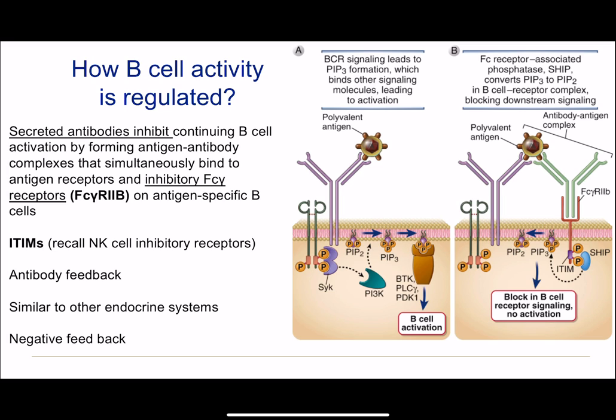And why do they do that? Because usually by the time we get that whole clonal expansion and a whole bunch of antibodies being produced, the humoral immune system has got the infection under control, and so those antibodies start to inhibit the immune system and tamp it down so it doesn't go wild and out of control. So antibodies serve as a feedback loop to cause their ultimate demise.